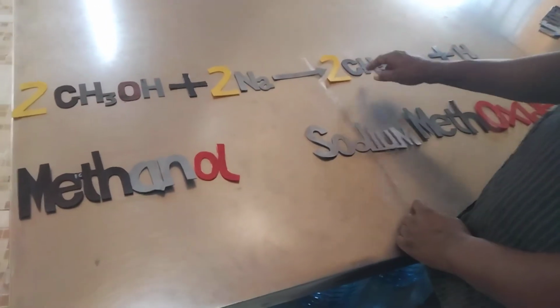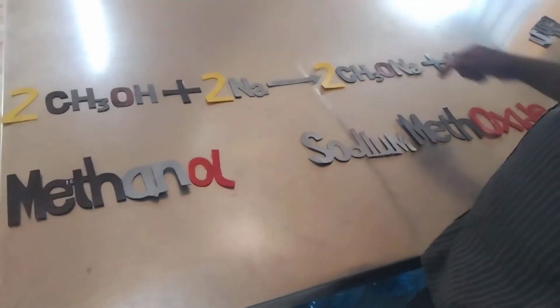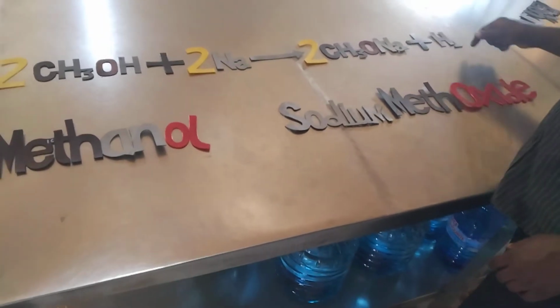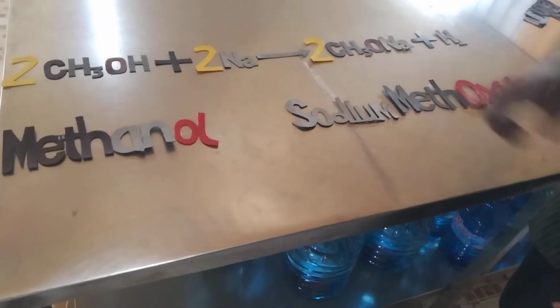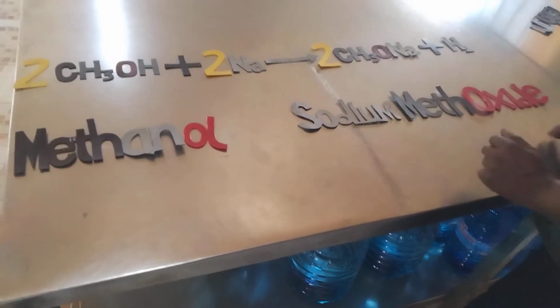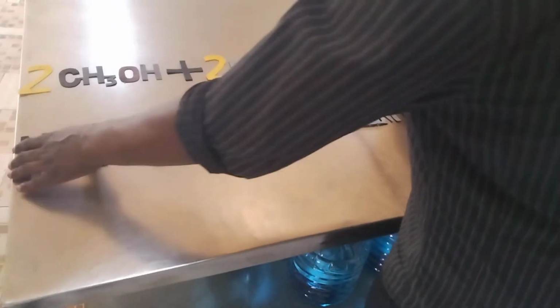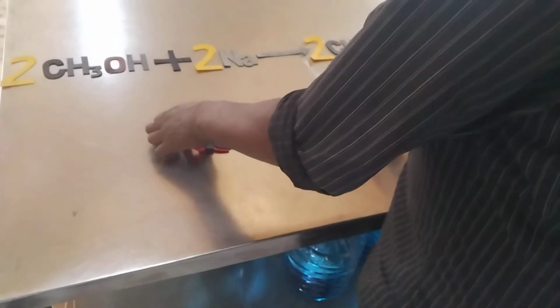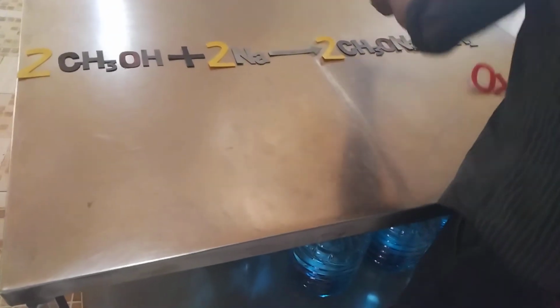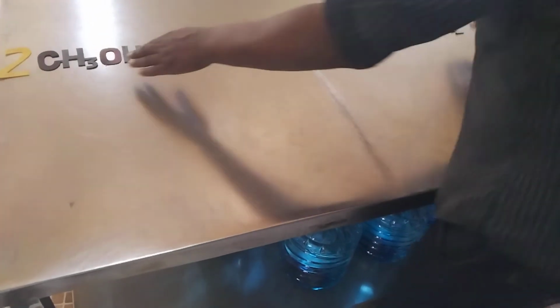So the molecule becomes sodium methoxide, and hydrogen gas. This reaction here is balanced. Now let us see what actually happened on the functional group here.